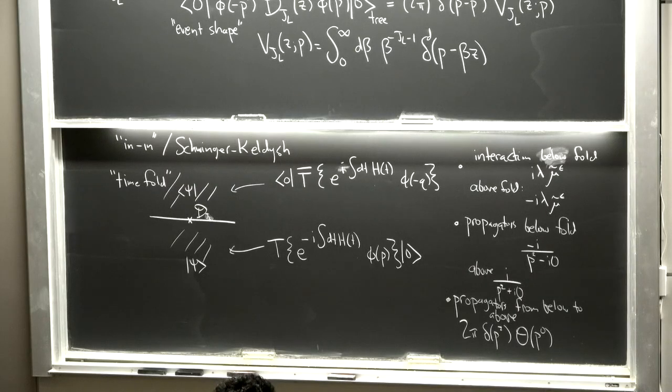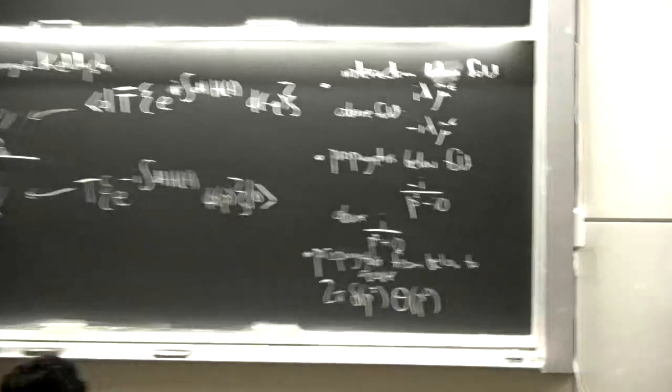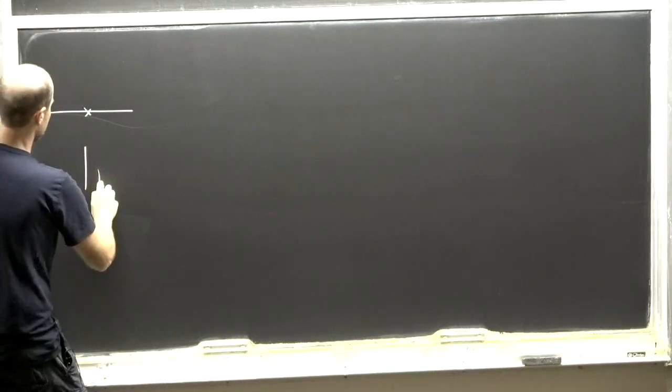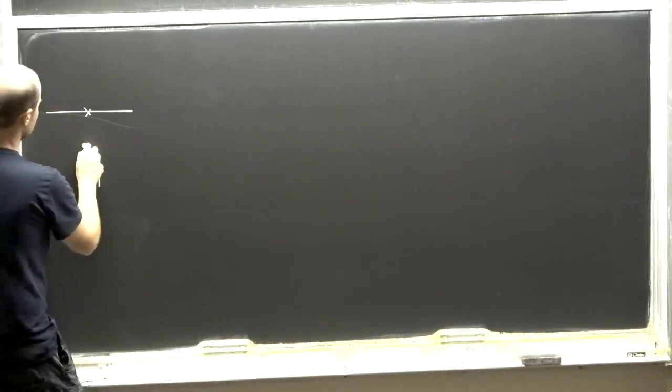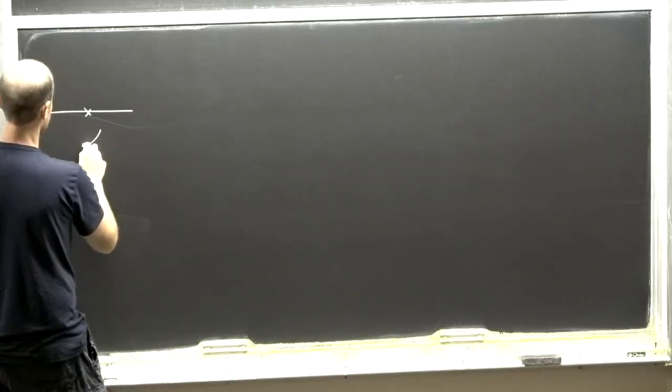Okay, so these are the rules, and now we're just going to apply these rules to this correlator. And the first non-trivial correction to the correlator actually comes at 2 loops. And it looks like this. So you have a phi particle coming in with momentum p, and then you use a phi-4 interaction to split this particle into 3.